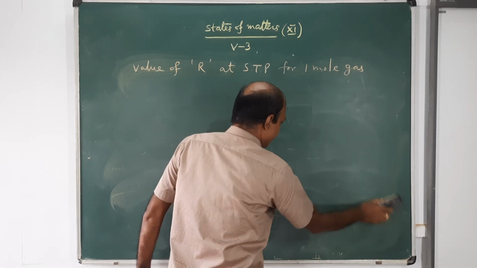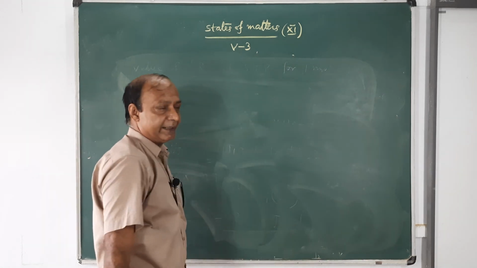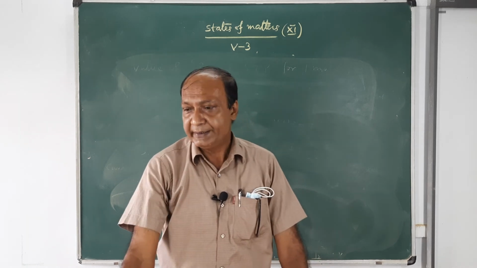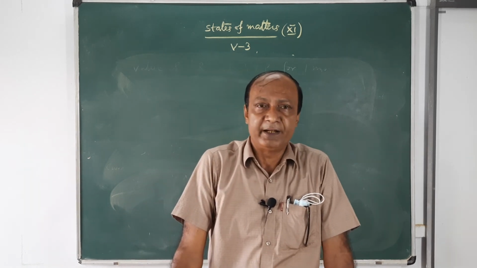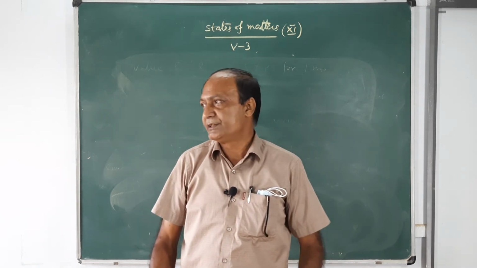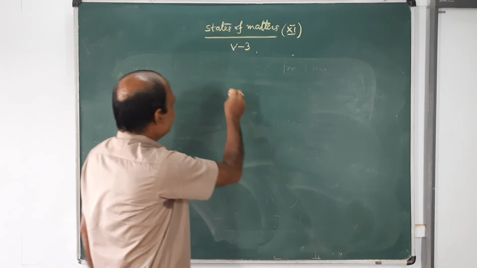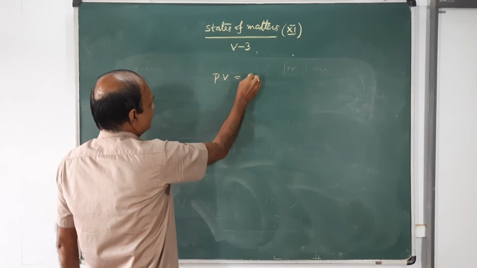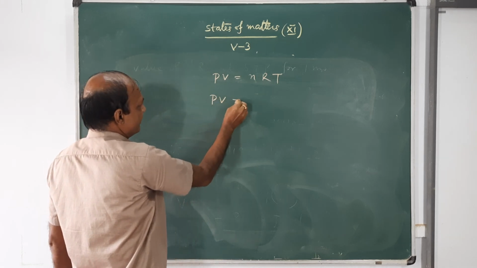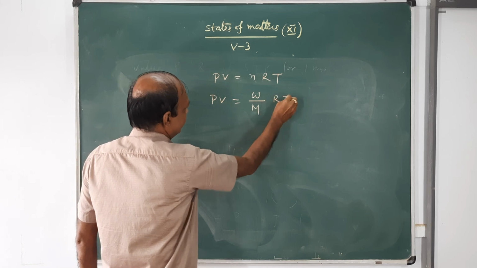Now, for solving numerical problems, I am giving you some suggestions on which numerical problems you will solve. You will solve numerical problems related to Boyle's law, Charles' law and the ideal gas equation. The ideal gas equation, PV equals nRT, can be written in different forms. Because n is the number of moles of the gas, PV equals the given weight of the gas by molar mass into RT.